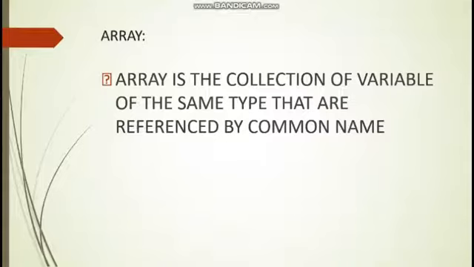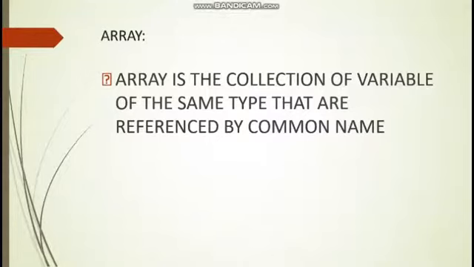For example, you have Canada, Washington, and Montreal, and all are referenced by a common name, that is United States. That is known as an array. That's how it works in the programming field.